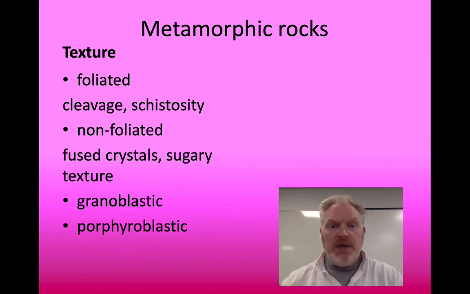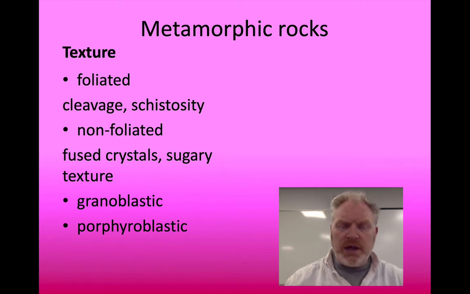Foliated means that there's an alignment of crystals within the metamorphic rock. So a result of pressure. Now that alignment could be cleavage, where the grains that existed within a rock are aligned, or it could be schistosity, where we have crystals of mica that have grown, that have become aligned.